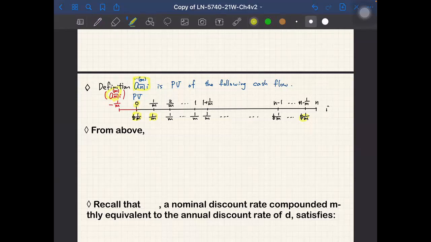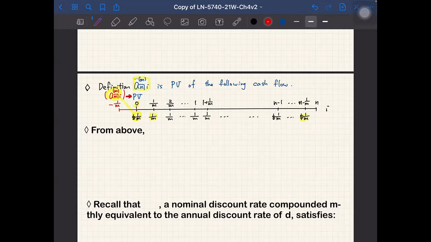So if we have the present value at 1 minus 1 over m year, then the present value is exactly a angle n superscript m. So a double dot is just 1 over m year later than that.